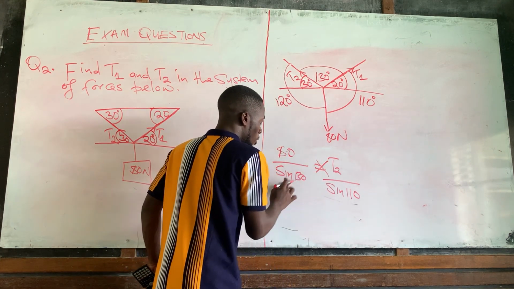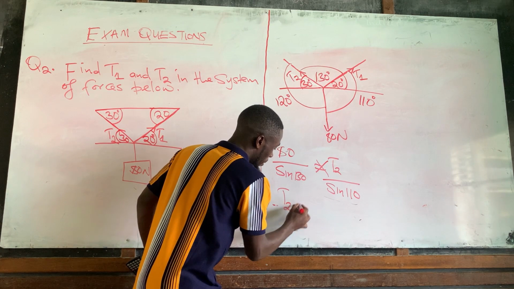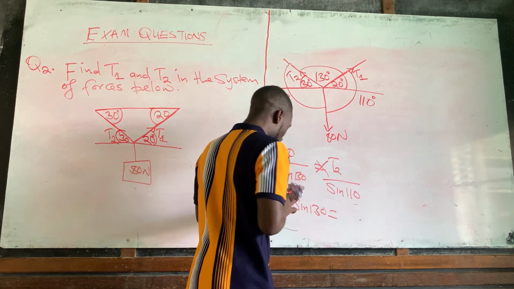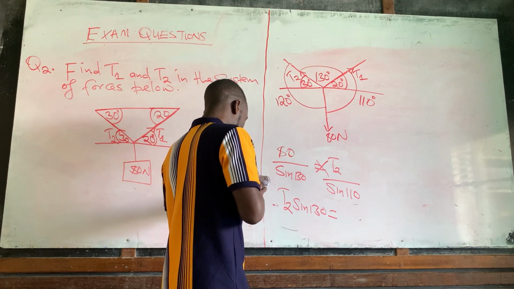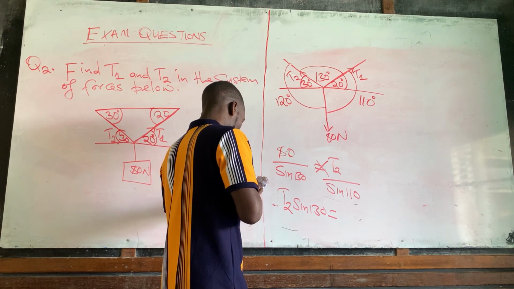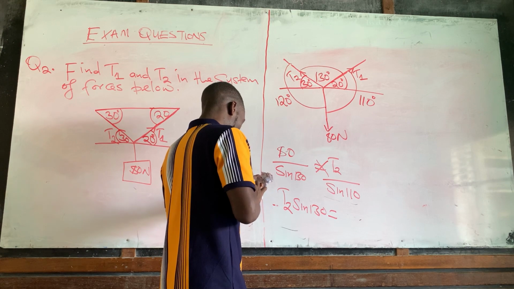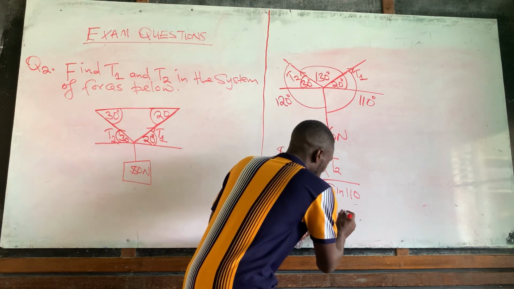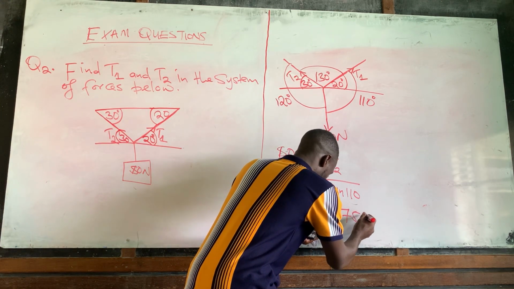So it is T2 multiplied by sine 130 equal to 8 times sine 110. 8 times sine 110, which is 7.52.